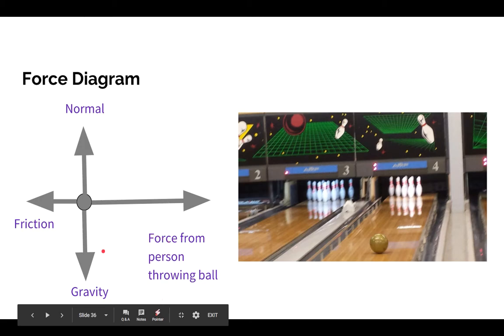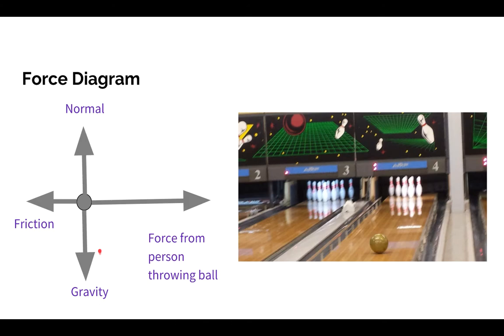So if we notice, our gravity and our normal force are equal, so they are balanced forces, and that means the object is not moving up or down. If we look at the friction and the force from the person throwing the ball, these are unbalanced forces, and we can tell because one arrow is bigger than the other. When the forces are unbalanced, it means the object is moving.